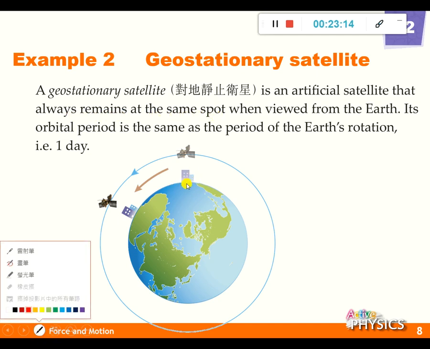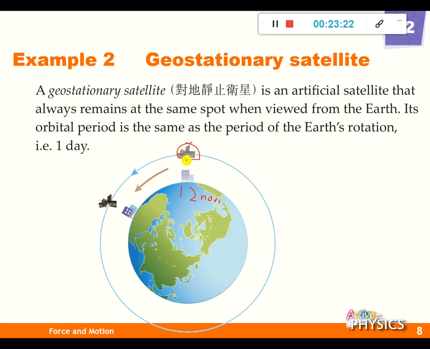Here, for example, 12 noon. Then you can see the satellite here. And then, for example, because you know that the Earth is moving around, and moving one round, one revolution, it will spend 24 hours.